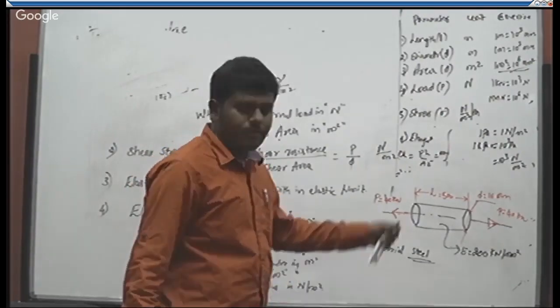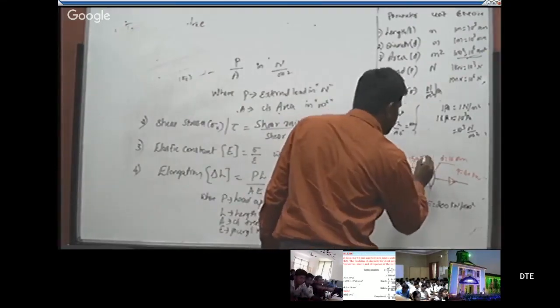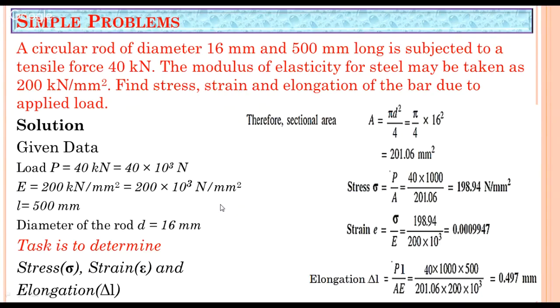L they have given as 500 millimeter itself, and the diameter of the rod D is equal to 16 mm. So everything is in millimeters, both diameter and length. You have to look out for this Young's modulus, which is in kilonewton per millimeter square.